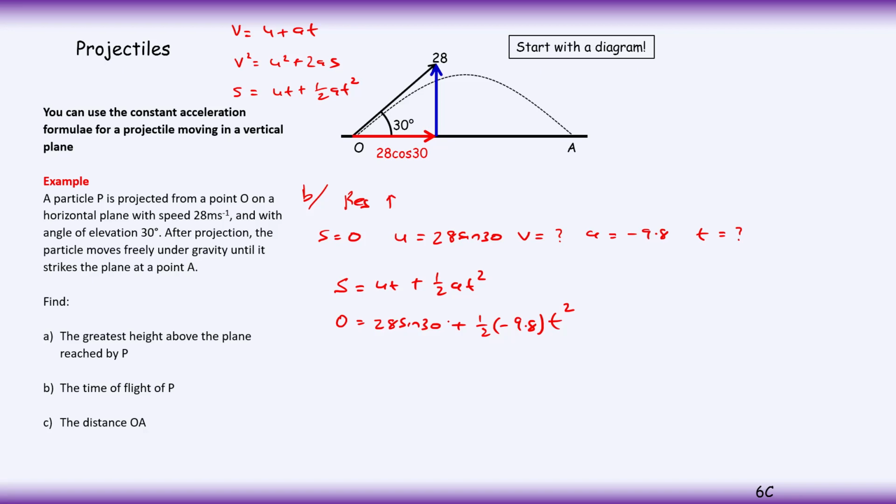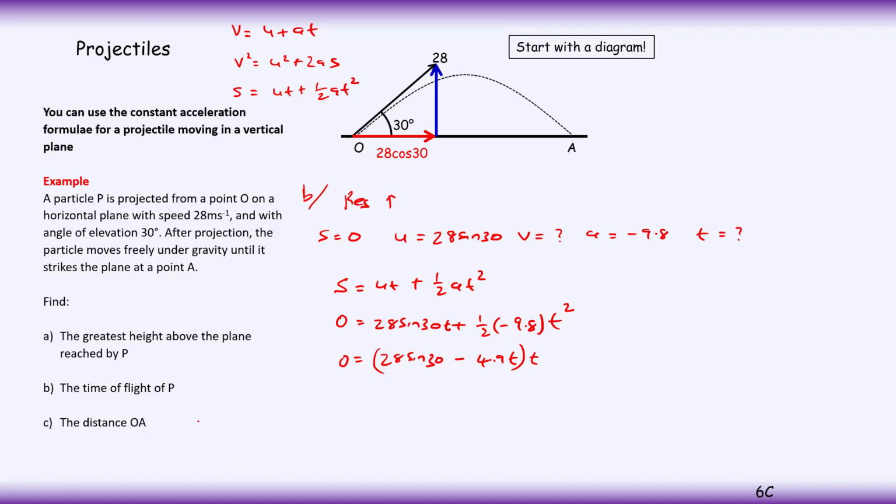I forgot to put a t here. Okay, so now I can factorize. So 0 is equal to 28 sine 30 minus 4.9 t, and I have a t outside there.